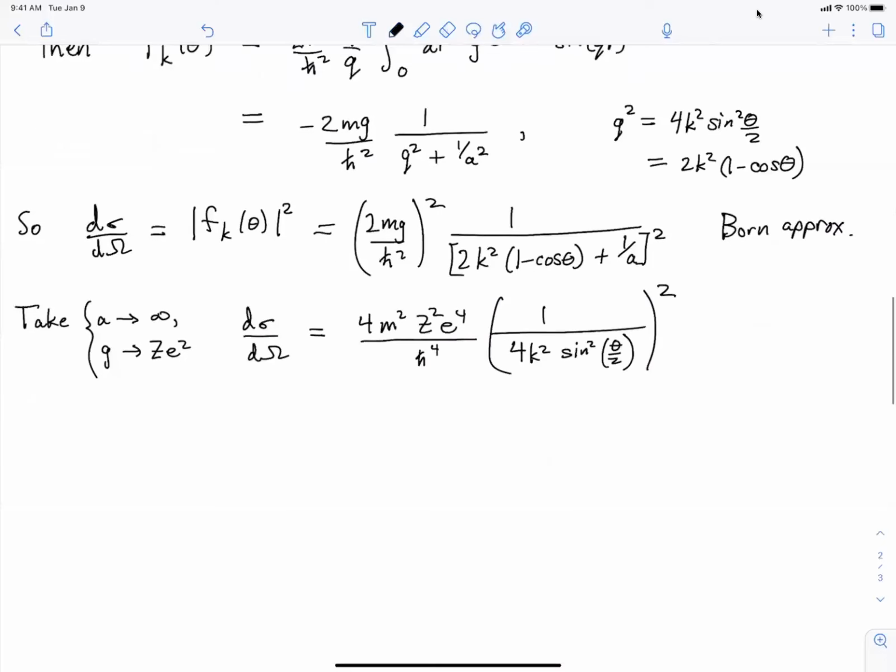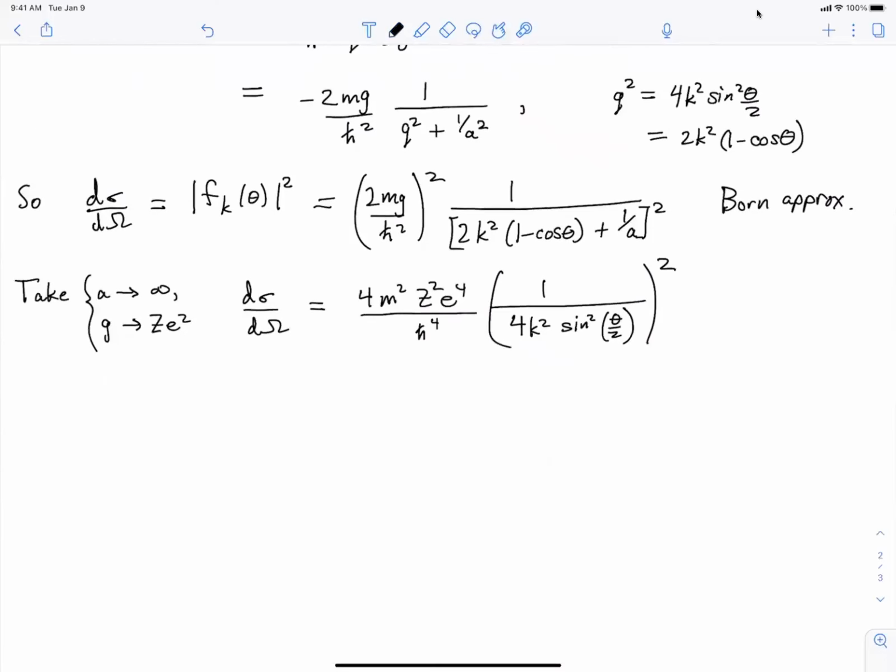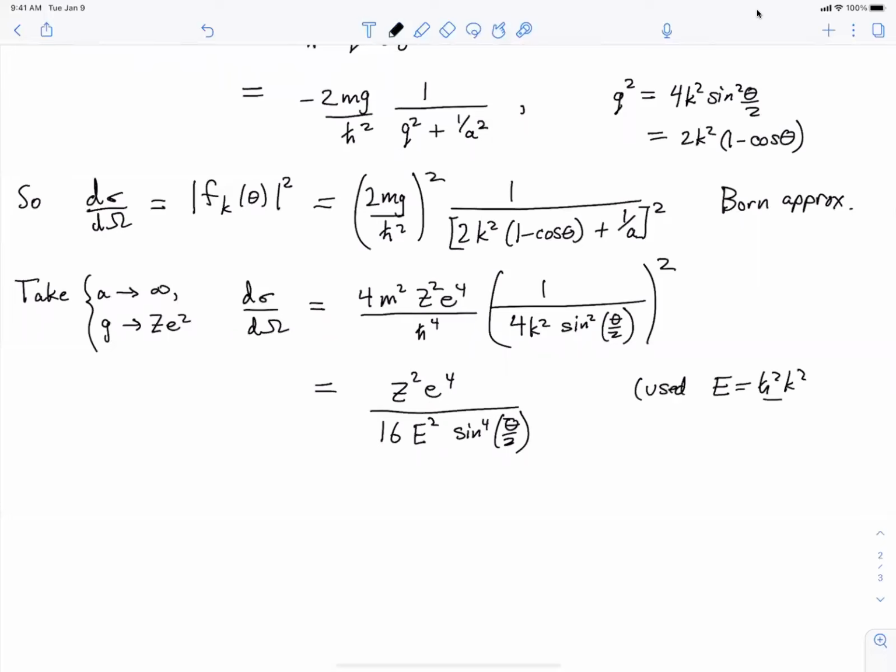Okay, and then if you plug in what k is in terms of the energy, this is z squared e to the fourth over 16, energy squared, sine to the fourth theta over 2. Okay, so there we've used that the energy is h bar squared k squared over 2m, just to write things in terms of the energy.